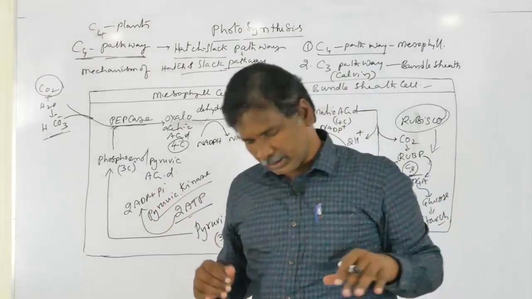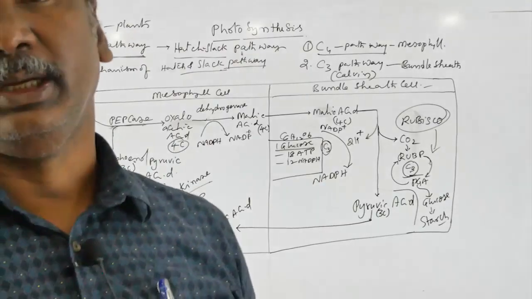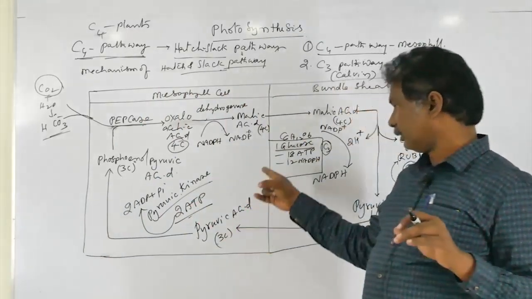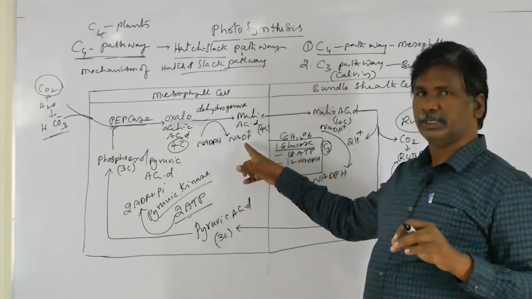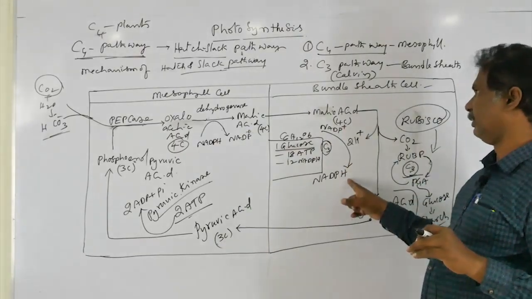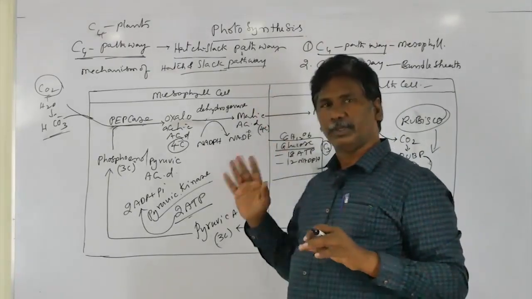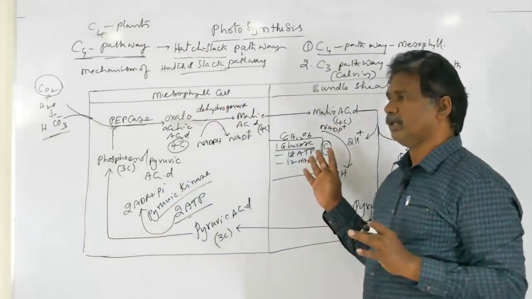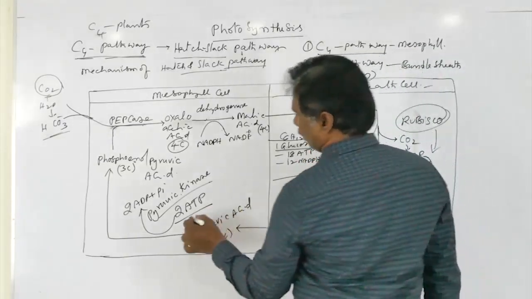There is no need for additional NADPH in the C4 pathway, because one NADPH is synthesized in the bundle sheath and one is used in the mesophyll. Both compensate each other. That's why there is no additional NADPH required. So how many ATP?